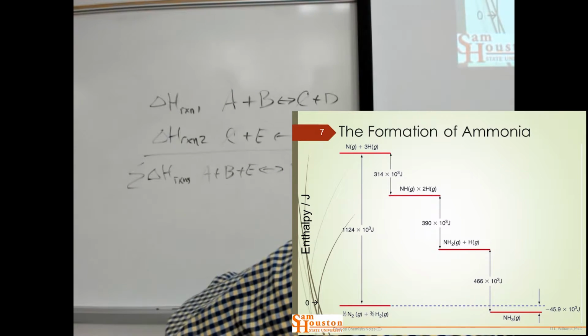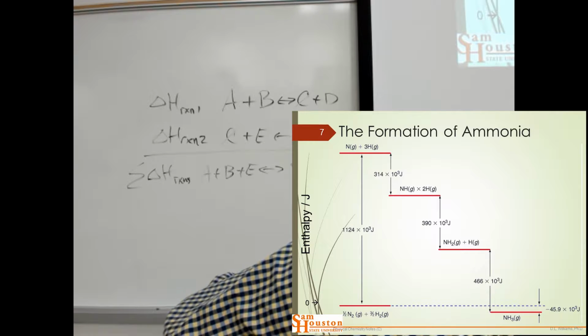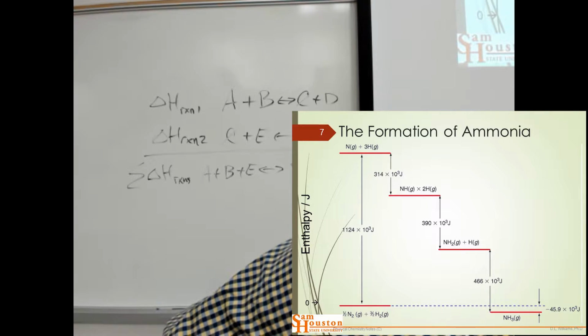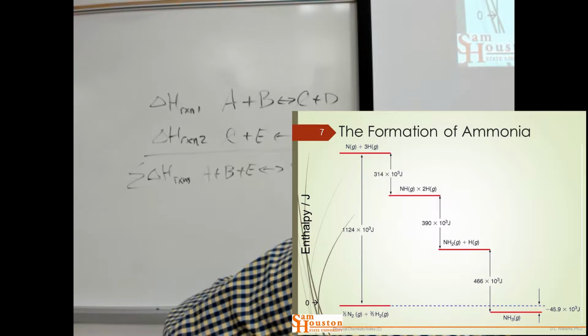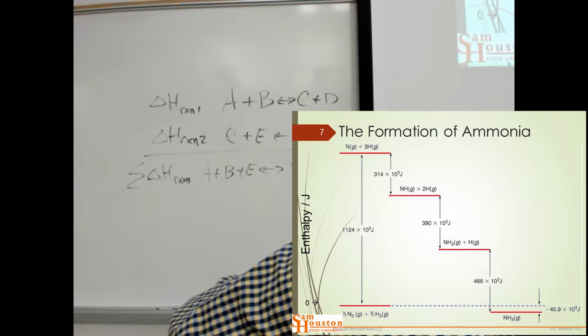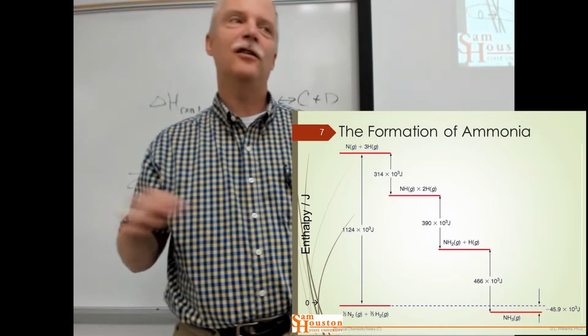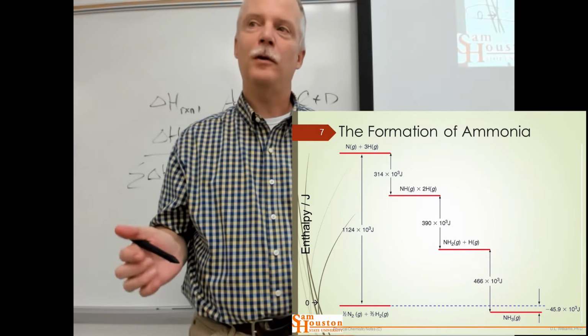So we have half a mole of N2, which is essentially 1 atom of nitrogen, and 3/2 moles of H2, which is essentially 3 hydrogen atoms. But we need to use these species because these species are defined as 0. That's the thermodynamic definition of what 0 is in terms of enthalpy of formation.